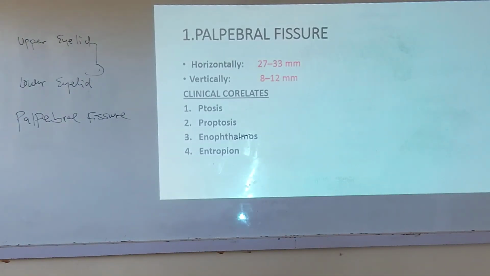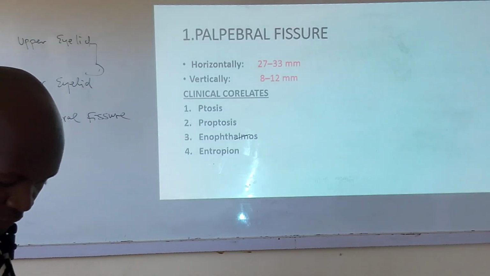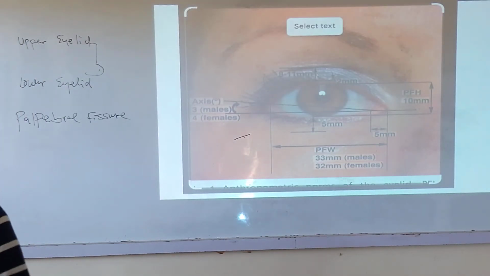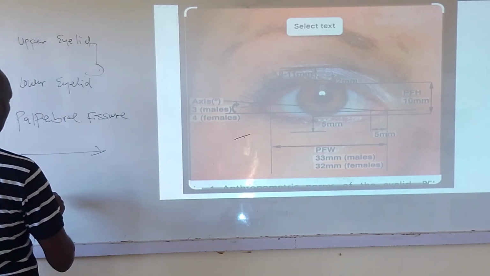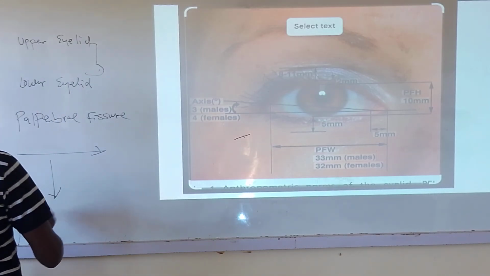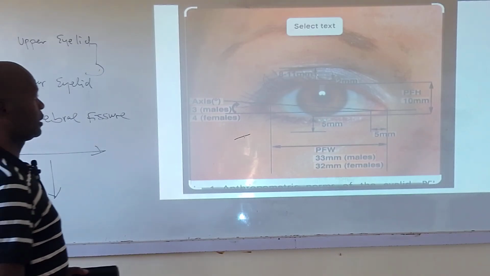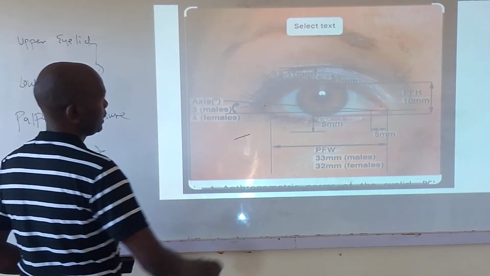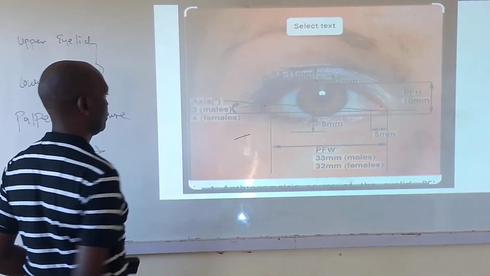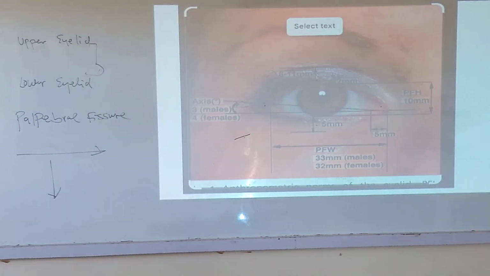So the normal palpebral fissure is normally measured horizontally and also vertically. Horizontally is from this point here to this point, while vertically is from this point to this point.